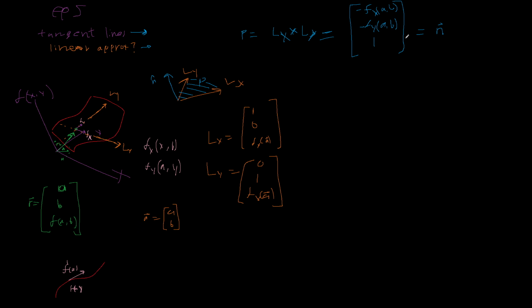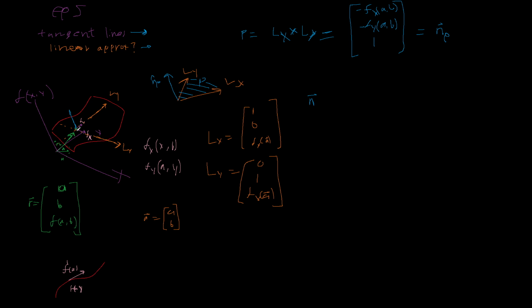The normal vector n is going to be here. So we want to think about the normal vector to this plane, and this is just going to be this cross product. So this is the normal vector of the plane, and then we have to add r.